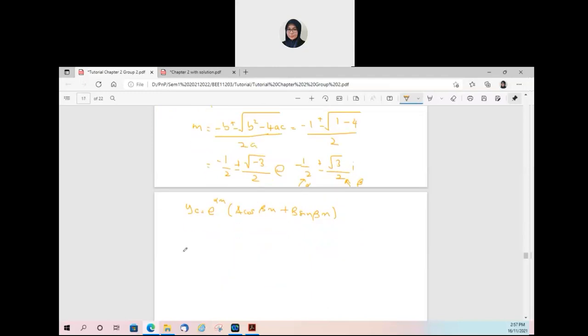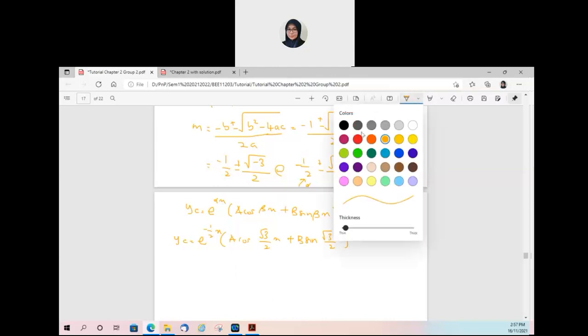Okay, so YC equals to exponent minus 1 over 2x A cos square root 3 over 2x plus B sin square root 3 over 2x. Okay. Okay tak? Okey Doktor, okey.